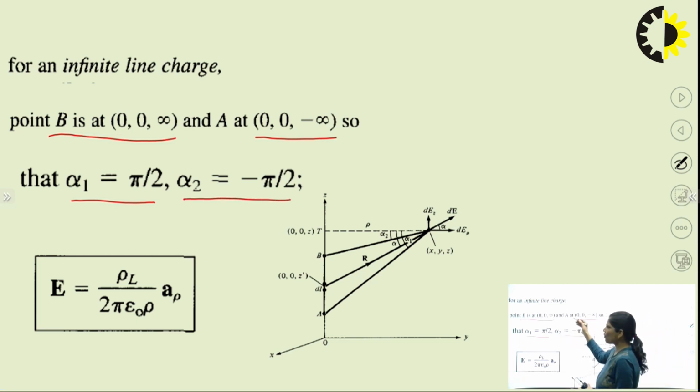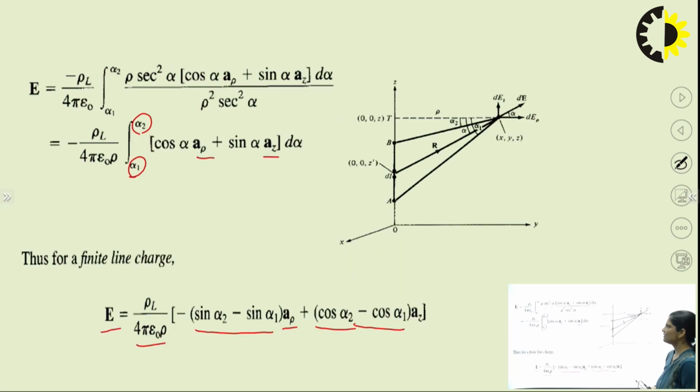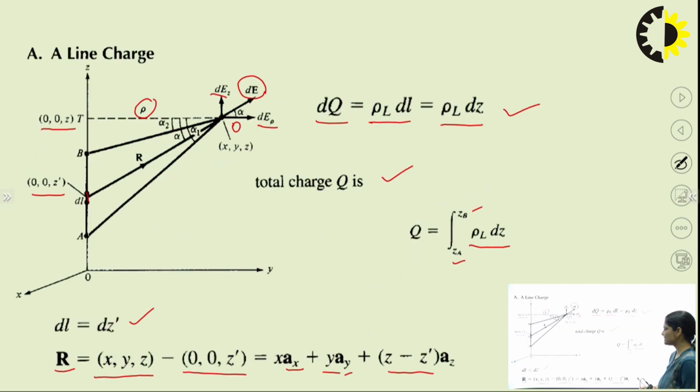So put all these values in the previous equation and finally you will get the result: the electric field intensity for a line charge is equal to rho L upon 2 pi epsilon naught rho, unit vector of rho. So this is the electric field intensity for a line charge.